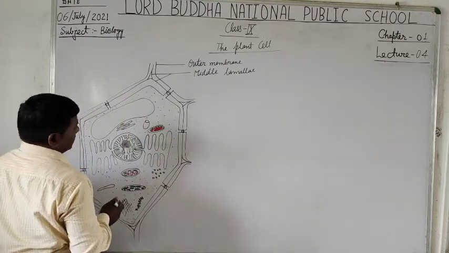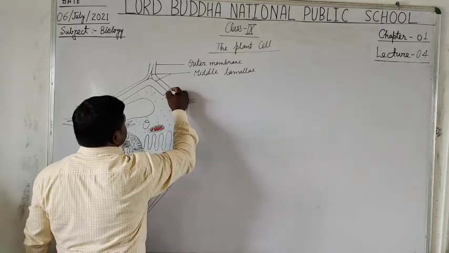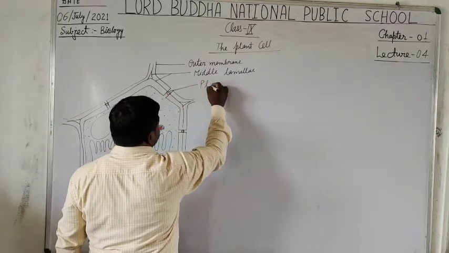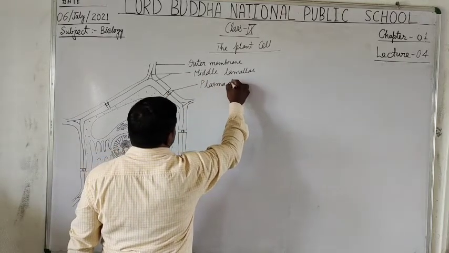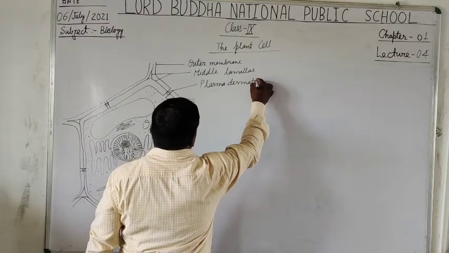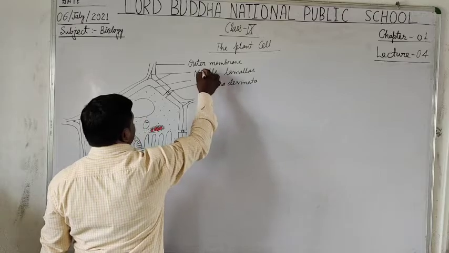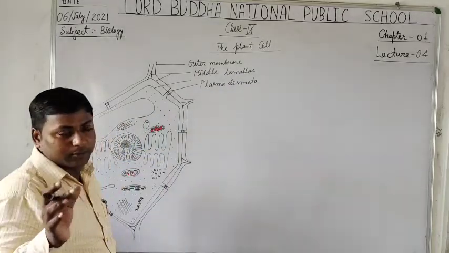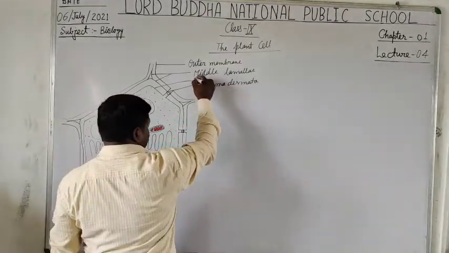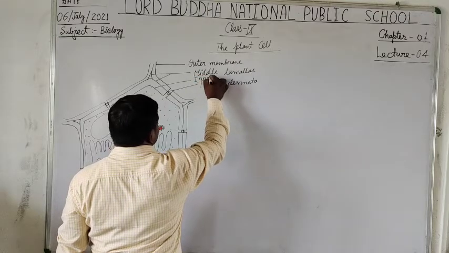These are the plasmodesmata. And this is the inner membrane that is called the cytoplasmic membrane or inner cell membrane.